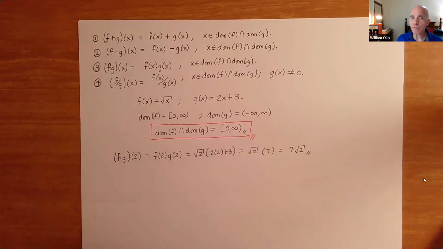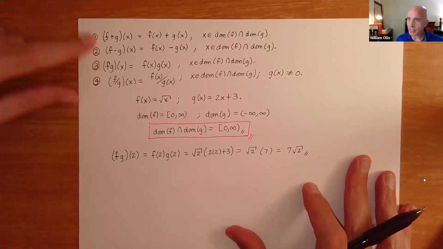So the algebra of functions is just a way of treating the functions arithmetically. Okay, we add real numbers, we subtract real numbers, we multiply real numbers, and we divide them. And as we think of functions as being machines that output real numbers, then we should be able to manipulate those numbers algebraically, as we have written here.